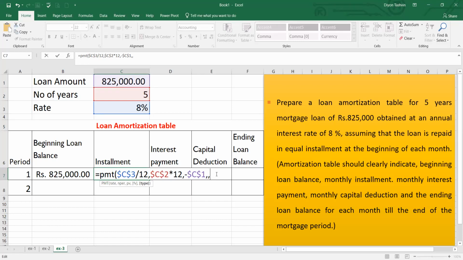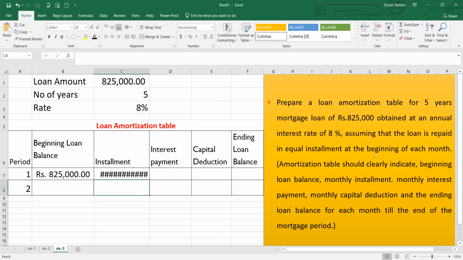Type means whether we are going to pay at the end or at the beginning. Since this indicates we are going to pay at the beginning, we have to put 1 here. Then we have to close the bracket and enter it. So you can see the installment at the beginning of each month.